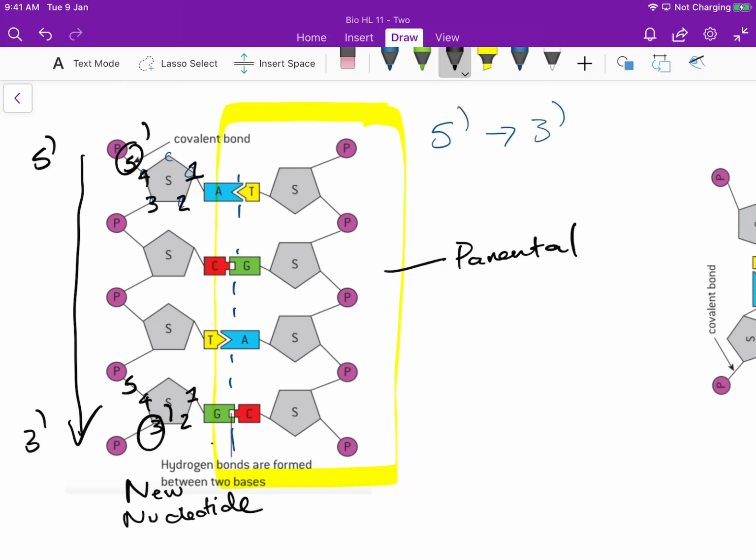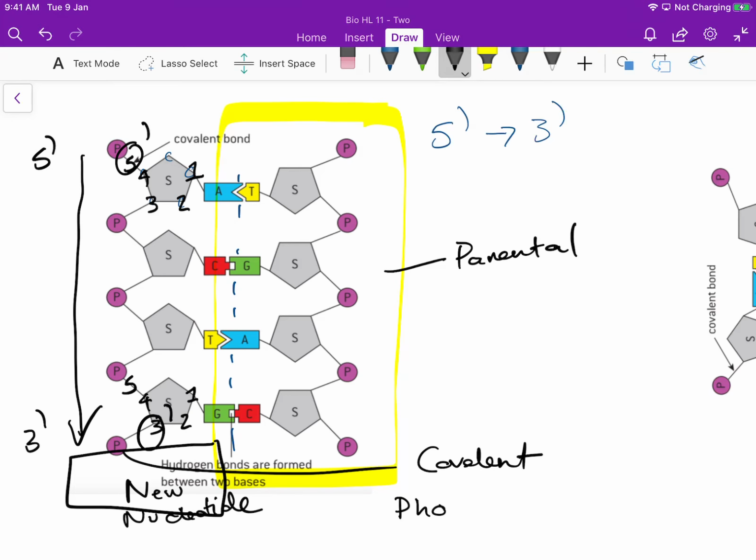So what it does as an enzyme is it adds in a new nucleotide by creating a new covalent bond. So it's got an enzymatic function. It's making the phosphodiester bond. It's creating the new bond for the sugar phosphate backbone.